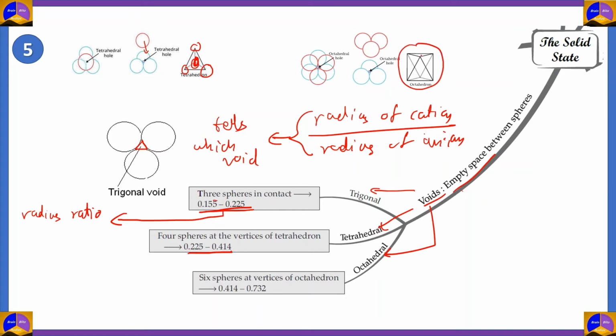When you draw the atoms on the vertices of this octahedron, you will get the idea of an octahedral void. That is the space right here, when all of these atoms touch each other in this configuration. In octahedral voids, there are 6 spheres at the vertices of an octahedron, and the radius ratio lies between 0.414 to 0.732.